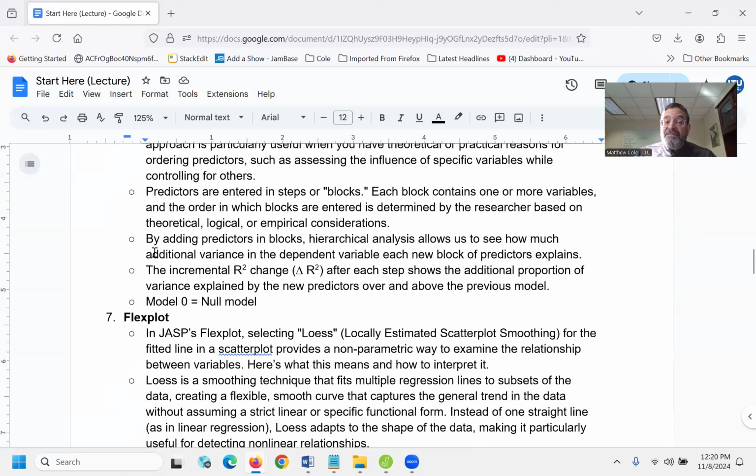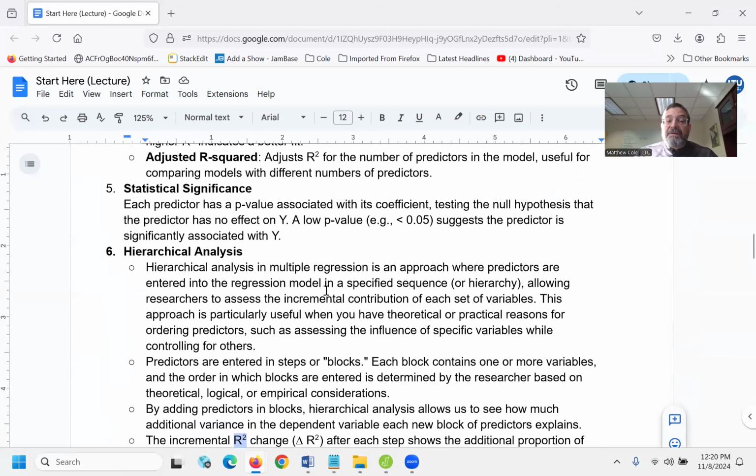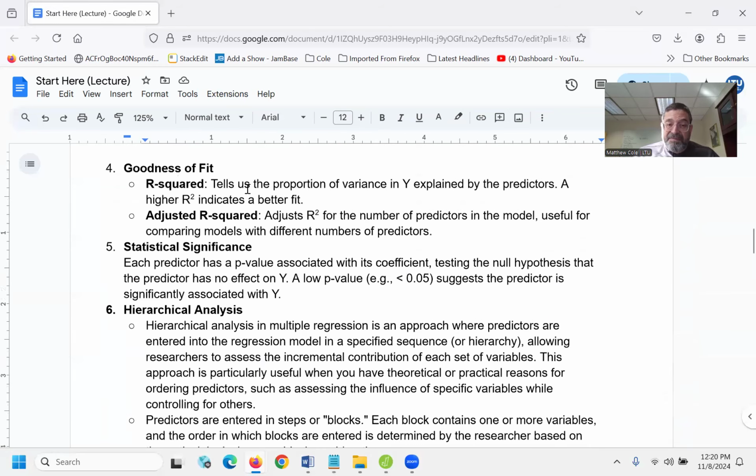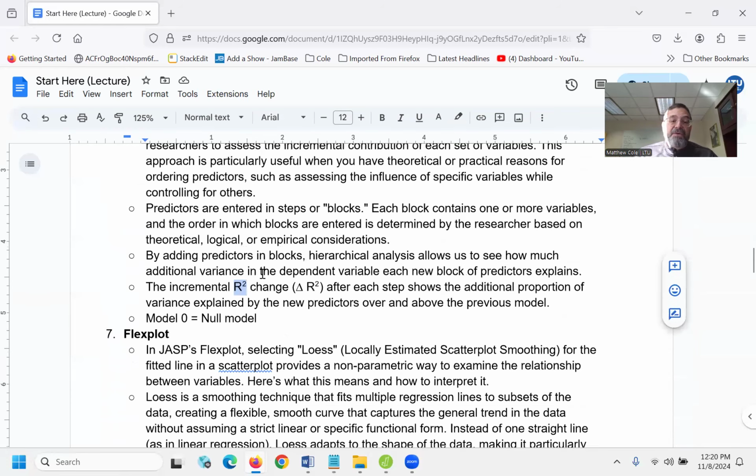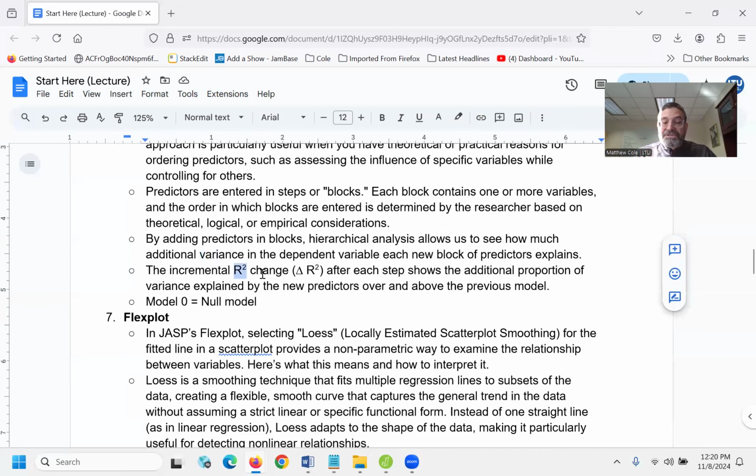What do we have that's our measure of the amount of variance that's changed? Well, that's R squared. R squared is the amount of variance that can be accounted for, right? It's the proportion of variance in Y explained by the predictors. So we can look at the incremental change in R squared, called delta.